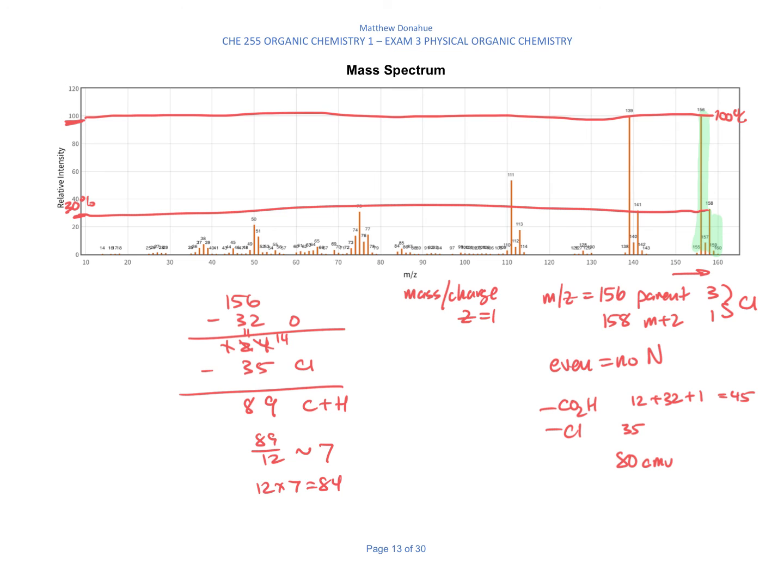And then, is that reasonable? So 89 minus 84 due to the C would give you 5 H. And so what do we know? C7H5ClO2.